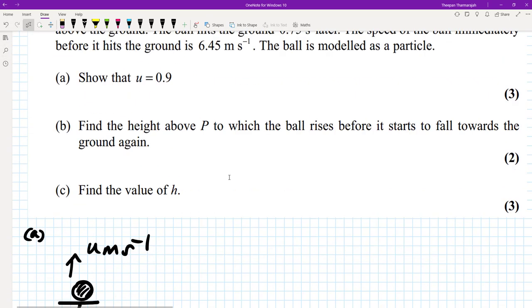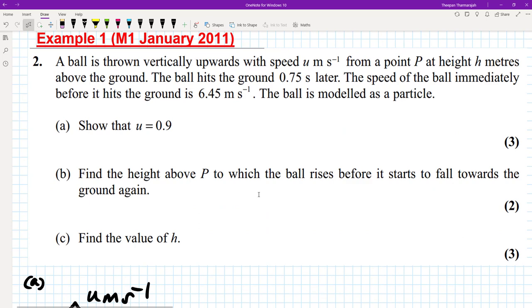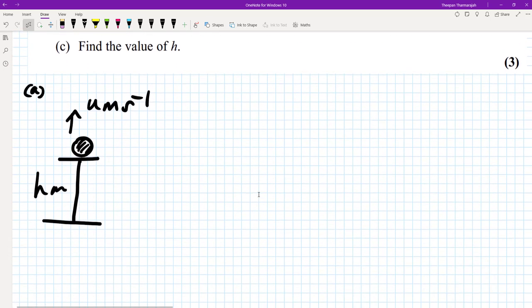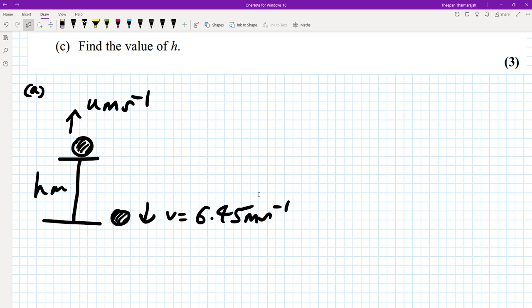And also they tell us in the question that it hits the ground 0.75 seconds later. So it hits the ground with a velocity of 6.45 meters per second, and the time that happens is 0.75 seconds.